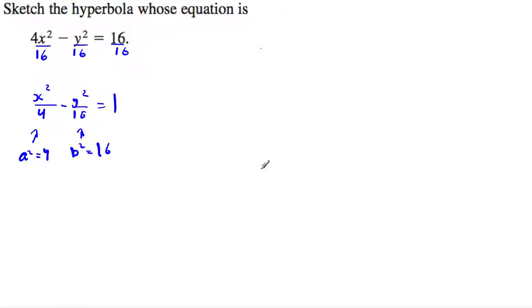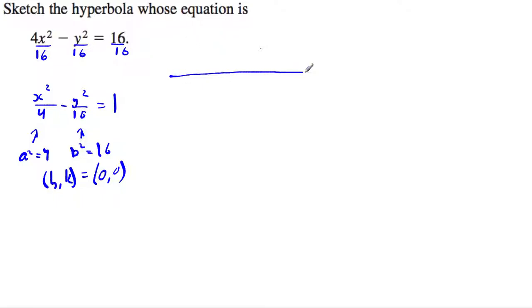So the center is h comma k. So h comma k is going to be 0, 0. Well, let's start graphing.